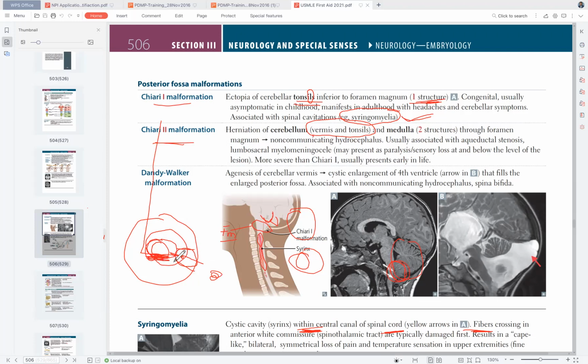So the person is going to have problem perceiving pain, and because it's happening here at the cervical area, they'll only have bilateral loss of pain and temperature on the arms, only the arms, and it's always bilateral. It makes sense, right?